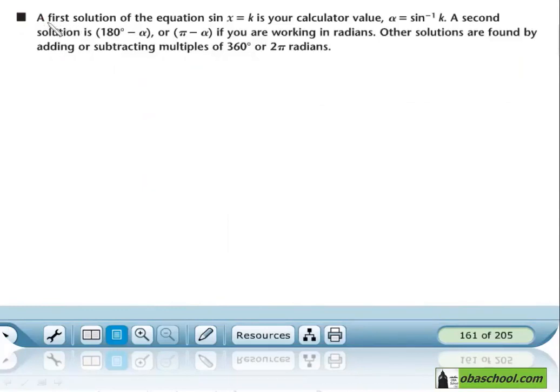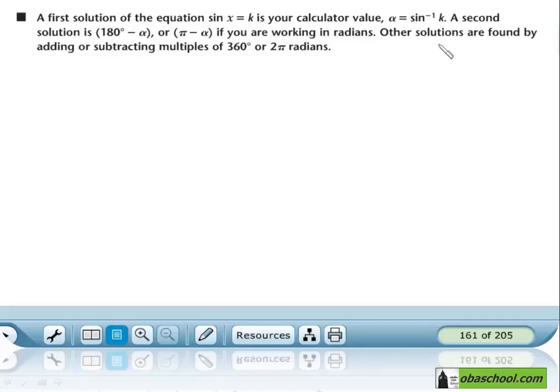A first solution of the equation sine x equals k is your calculator value. A second solution is 180 degrees minus alpha. When the constant is positive, this is the first solution that the calculator gives. The second solution is 180 minus alpha, or pi minus alpha if you are working in radians.